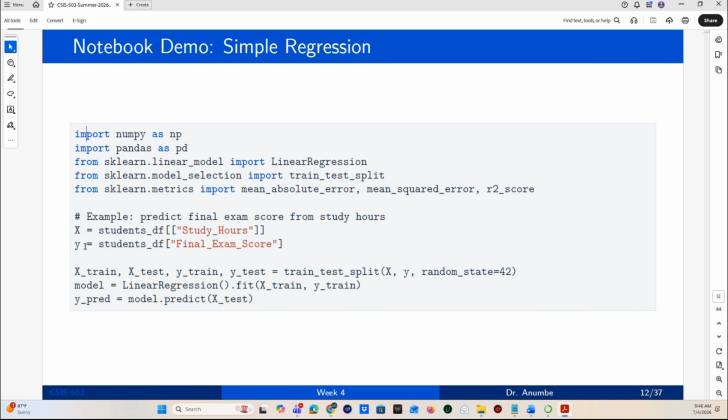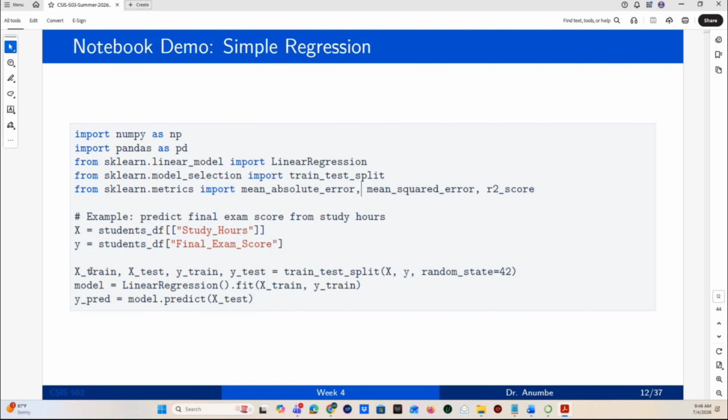And then here you can have an input. This will be your input variable. In other words, I'm trying to get my features. In this particular place, we just chose one feature, which is the number of hours you're studying. And then this is your output, which will be your final score, right?